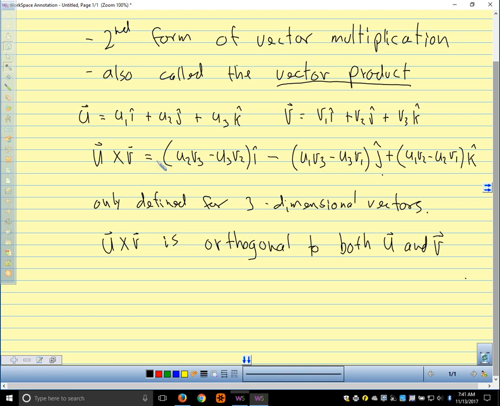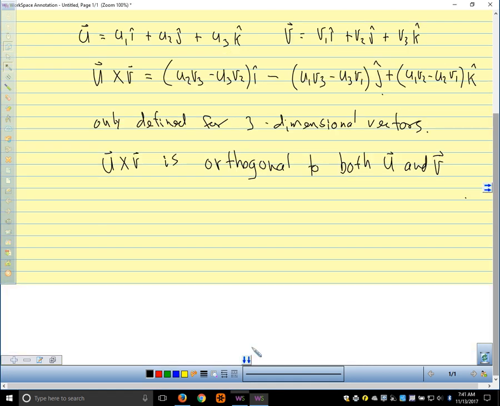So that's why we only define the cross product for three-dimensional vectors. Now, this is a messy, kind of difficult way to find the cross product. There's an easier way, and usually that's with what we call the determinant form. I usually use the determinant form.